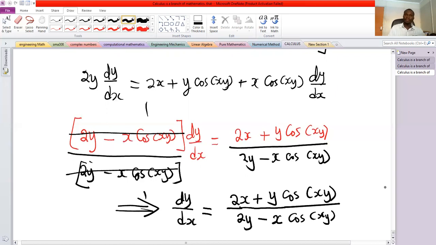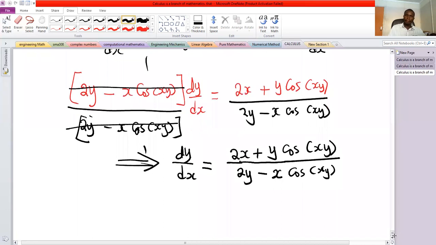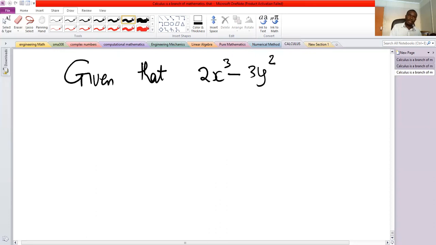Lastly, given that 2x to the power 3 minus 3y squared equals 8, find d squared y/dx squared.